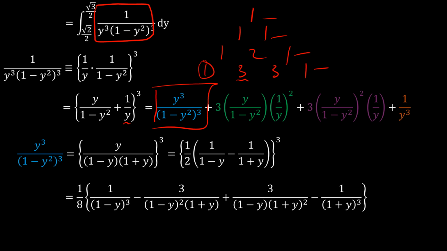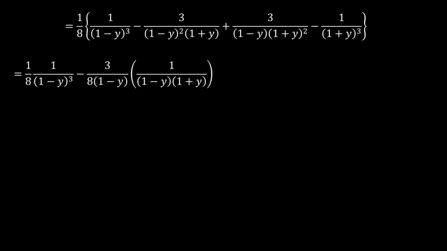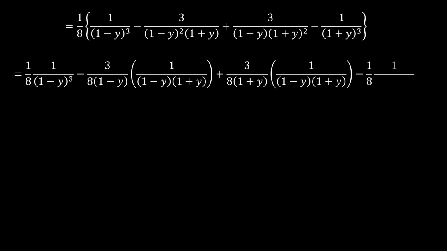So that is that. Then we can now proceed and simplify this further. So we've pulled 1/8 out, and then we have 1 over 1 minus y cubed, and then 3 over 8, and then we decide to pull 1 minus y out here, so that now we have a combination of 1 minus y times 1 plus y.